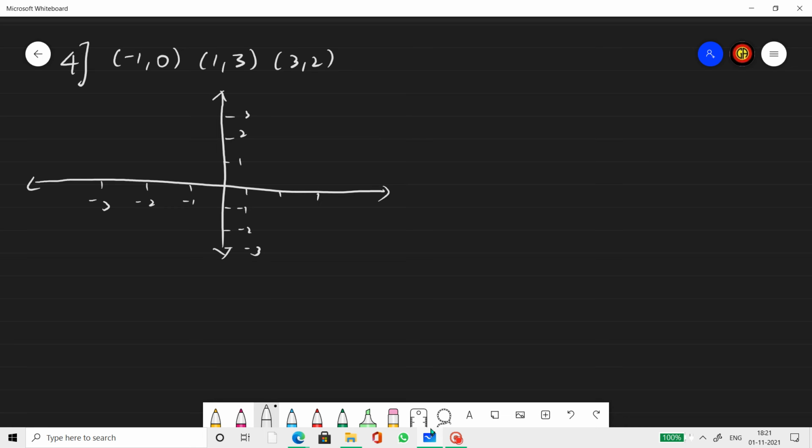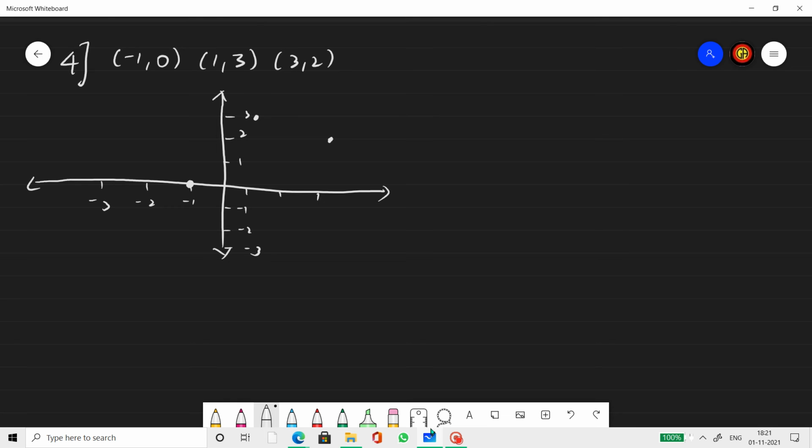So minus 1 comma 0 is here. 1 comma 3, x is 1, y is 3, so roughly here. And 3 comma 2, x is 3, y is 2, so 3 comma 2 is here. So 3 points.